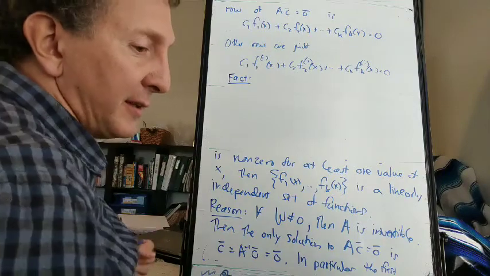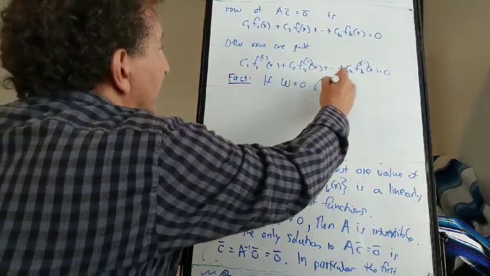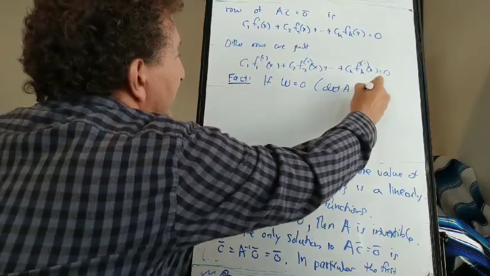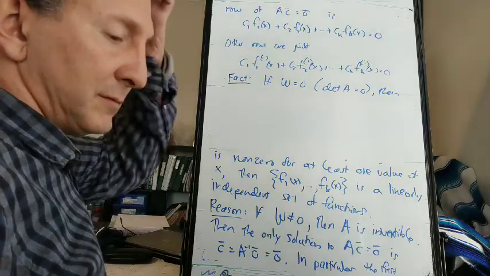Now another fact is that if W equals 0, that is the determinant of A equals 0, then we have no information.